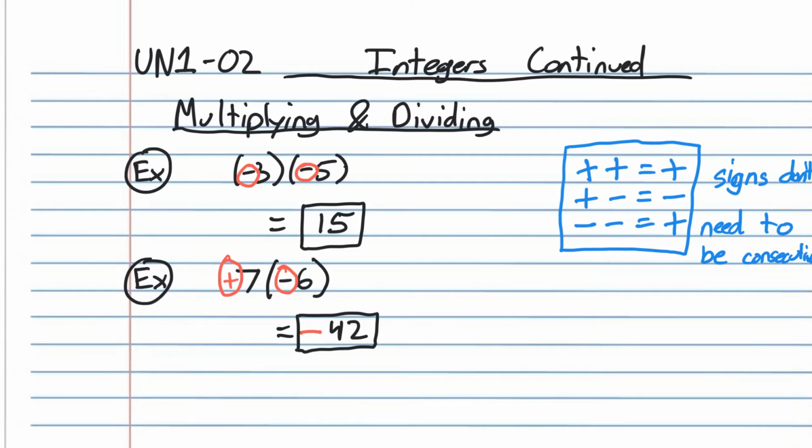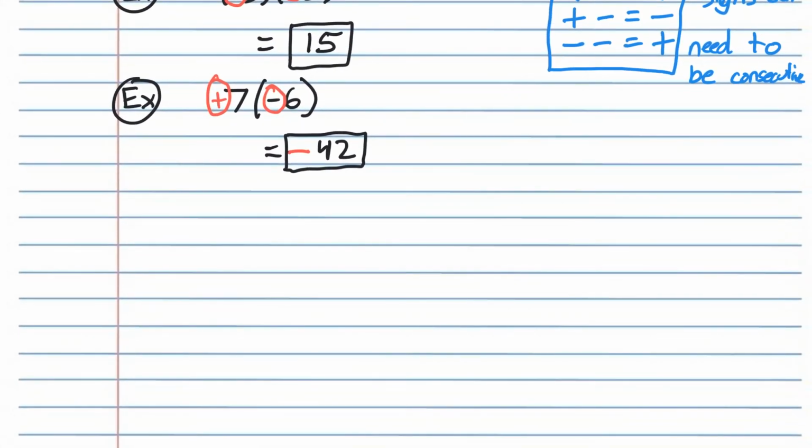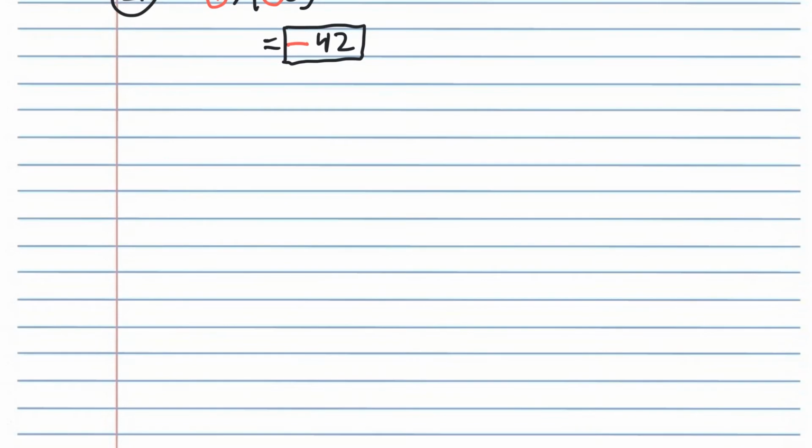Now, when we're talking about dividing, especially in this class, a lot of the times a division problem will look like a fraction, because those are the exact same thing. Fractions and division are the same. So if I were to give you a question that looked like this, -60 divided by 5.